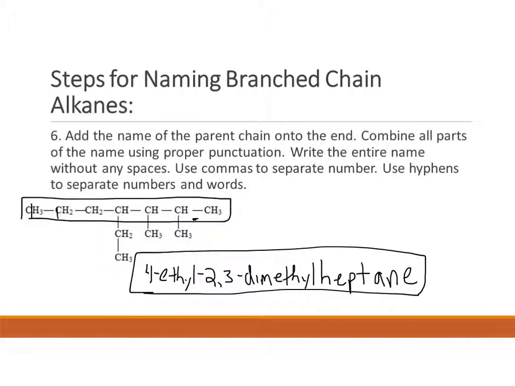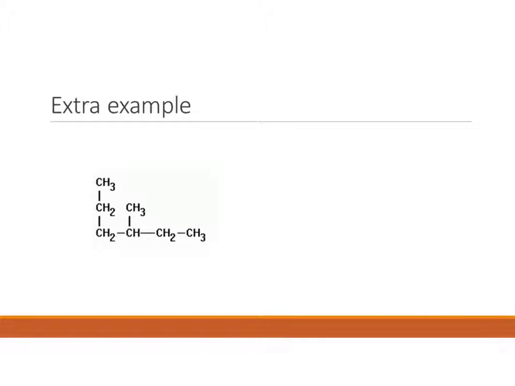We'll try one more example. All right, so the first step here is to identify the parent chain. How many carbons are in the parent chain? So this one is a little bit tricky.